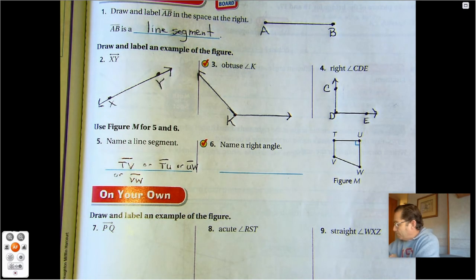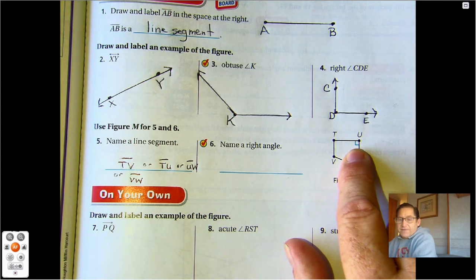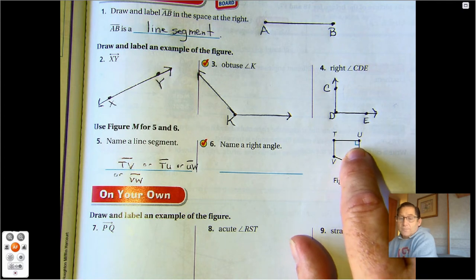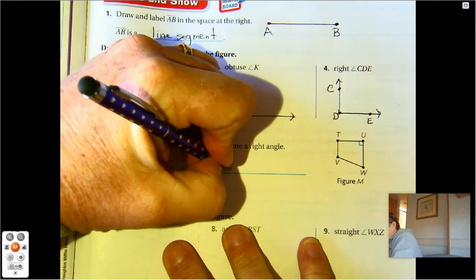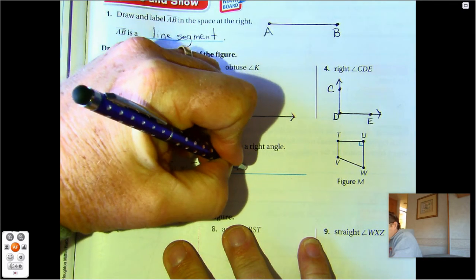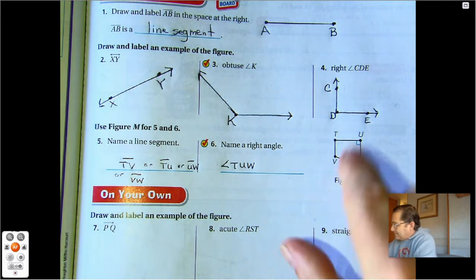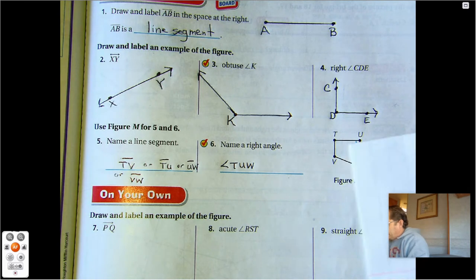Name a right angle. Well, this one is obvious because they've given me the blue square. So I could say angle TUW. Is angle T a right angle? Well, let's see.